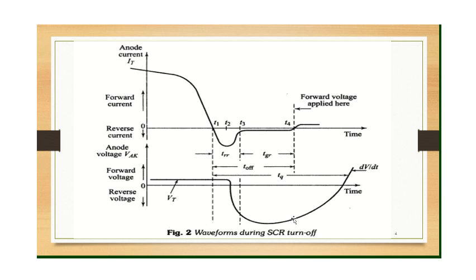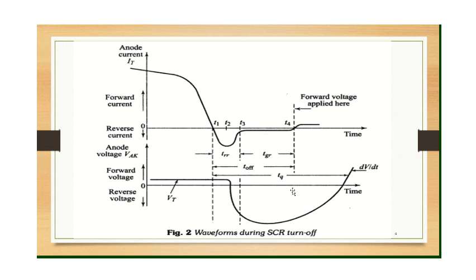Even after you apply the positive forward voltage, the device should have the ability to block the forward voltage. Only then we say that it is turned off. Correct?